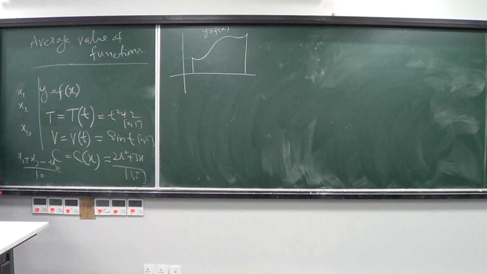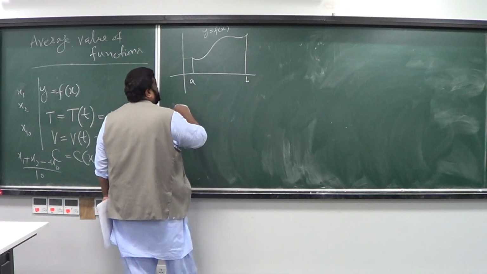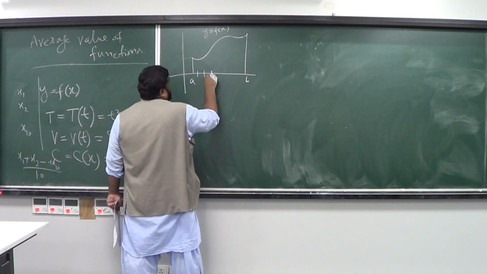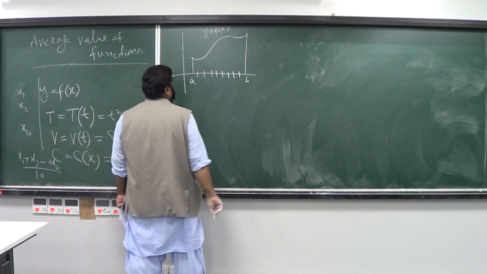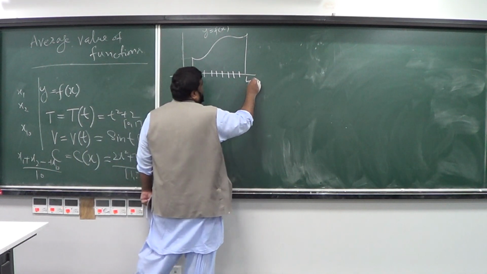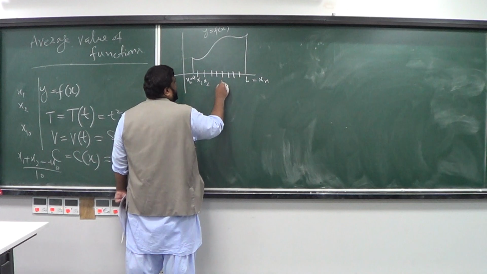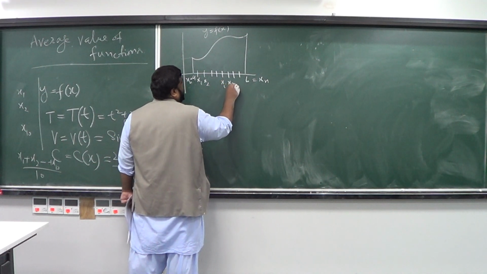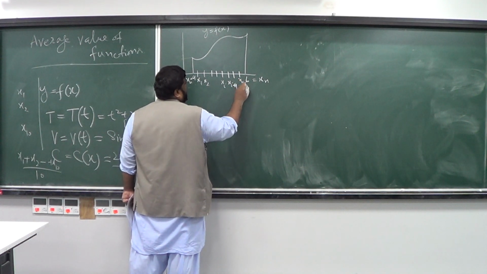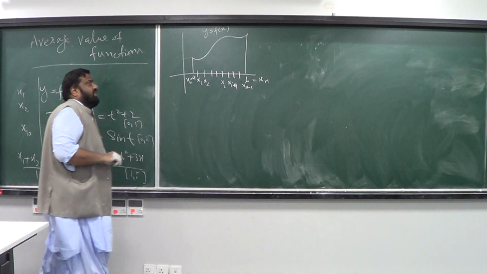I want to do something precisely the same here. So let's first split this interval a to b into n parts. So a is x0, b is xn, this is x1, x2, this is some general interval xi plus 1, and this is the second last point, xn minus 1.